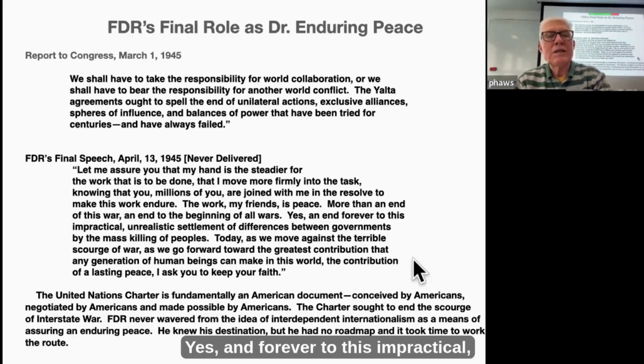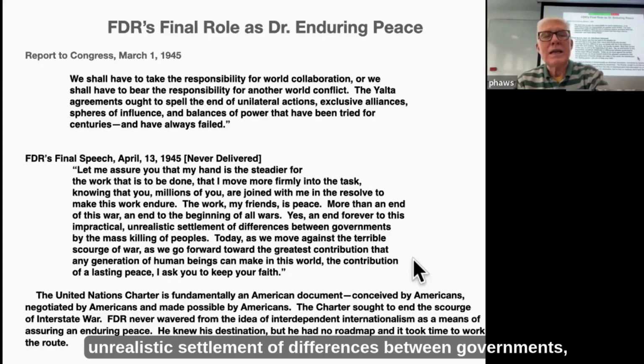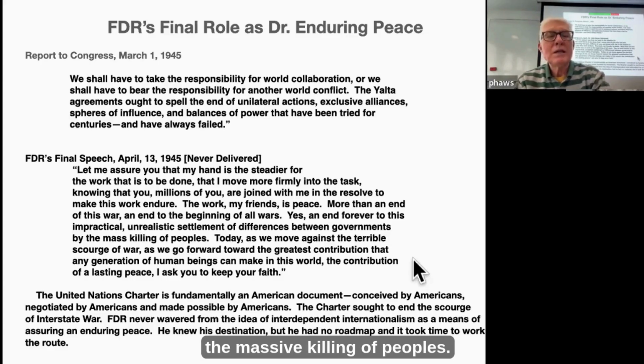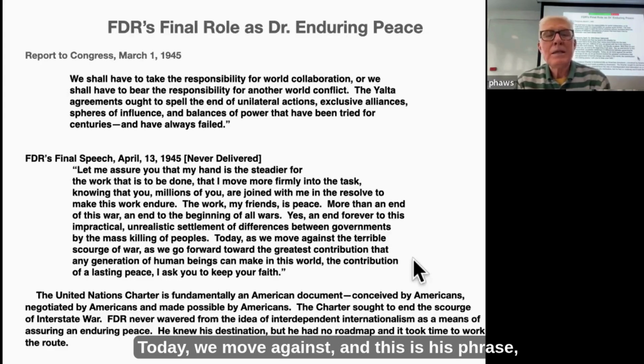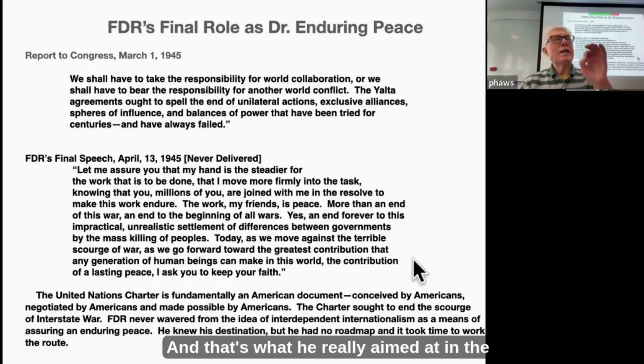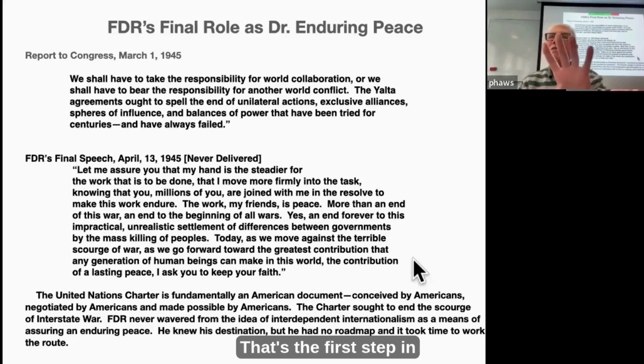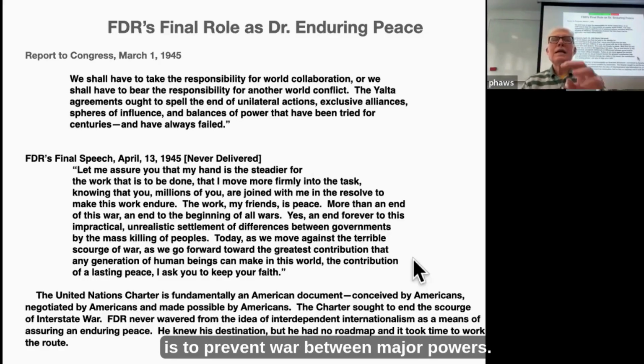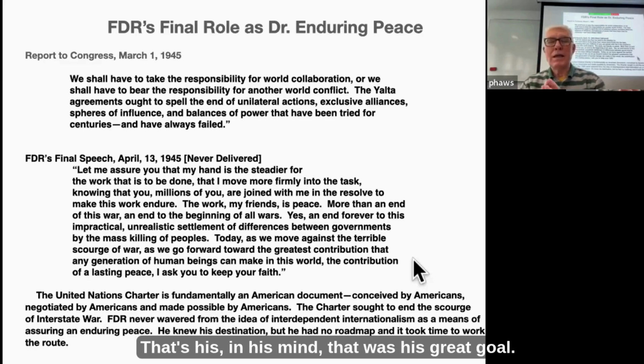Yes, and forever to this impractical, unrealistic settlement of differences between governments, the massive killing of peoples. Today we move against, and this is his phrase, the terrible scourge of war. And that's what he really aimed at in the creation of the United Nations. That's the first step in trying to create a stable peace, to prevent war between major powers. That was his great goal.